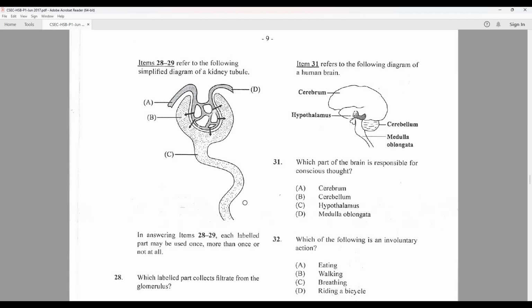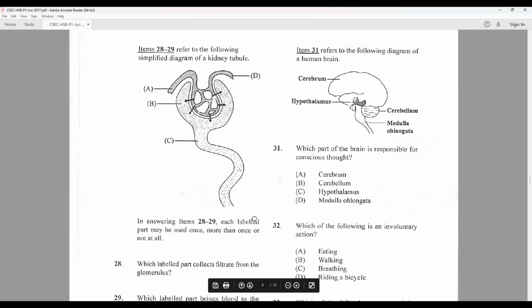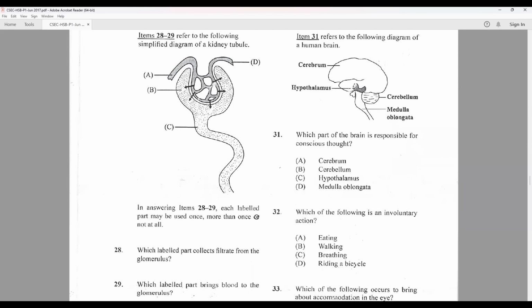Items 28 and 29 refer to the following simplified diagram of a kidney tubule. We have the different parts labeled. In answering this item, each labeled part may be used once, more than once, or not at all. Which labeled part collects filtrate from the glomerulus?